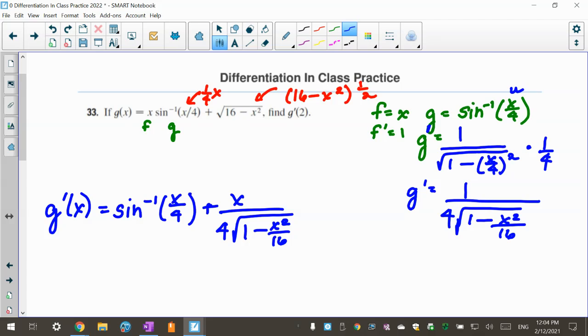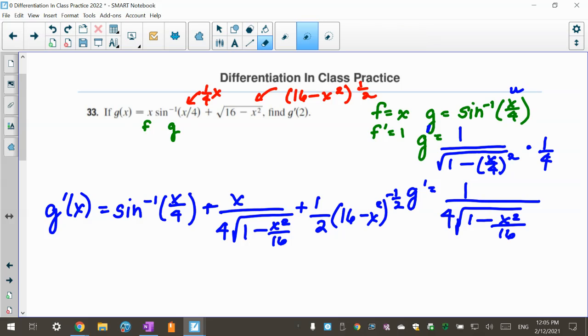And then we have to do the derivative of radical 16 minus x squared. So I've got to do the power rule plus 1/2. Don't touch the baby, 16 minus x squared to the negative 1/2.